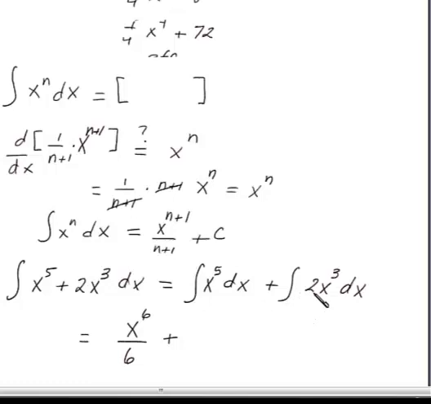The constant 2 isn't changed by antidifferentiation, so that's just a 2. Now the x cubed becomes an x to the 4, and divide by the new exponent 4, and we owe ourselves a constant c.